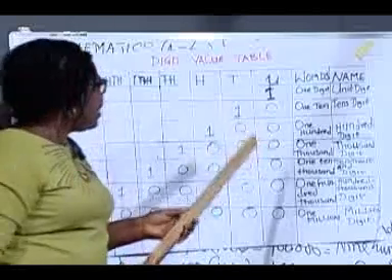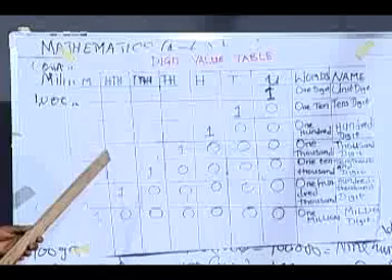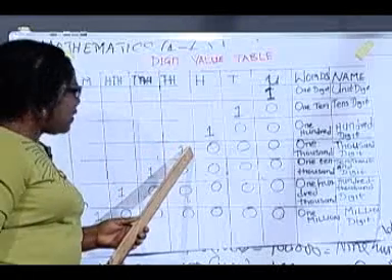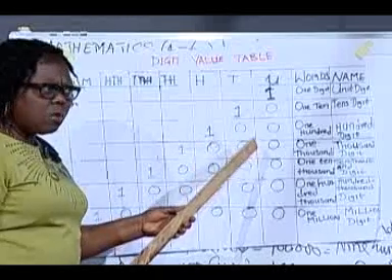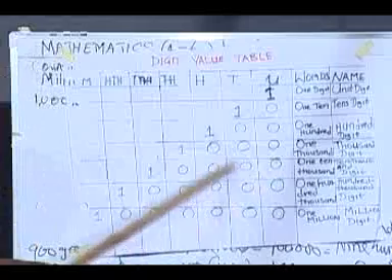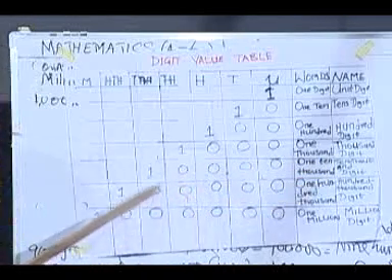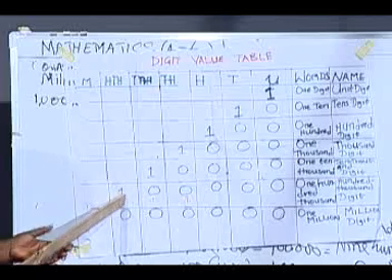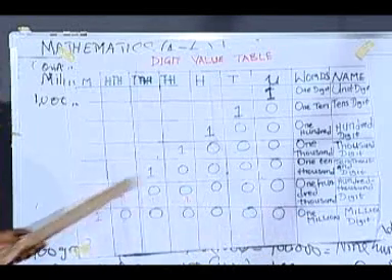Units carries 1. Now, for 1,000, this is 1,000. Children, this is 10,000 and this is 100,000 carrying 6 digits. And this is 1 million carrying 7 digits.